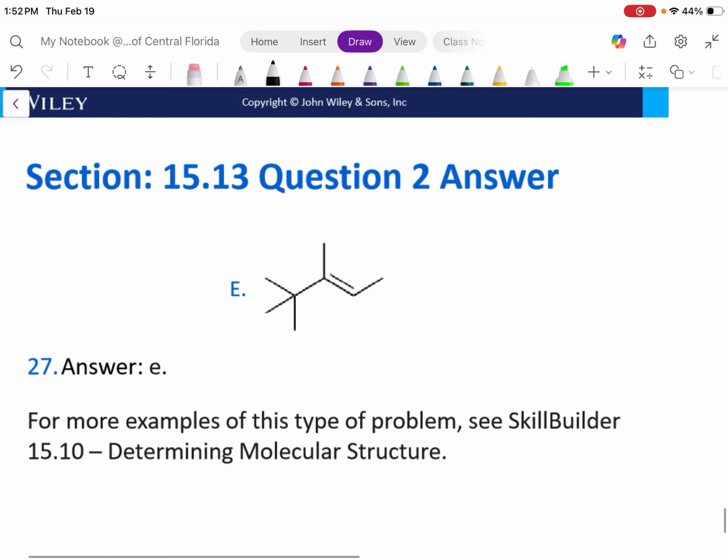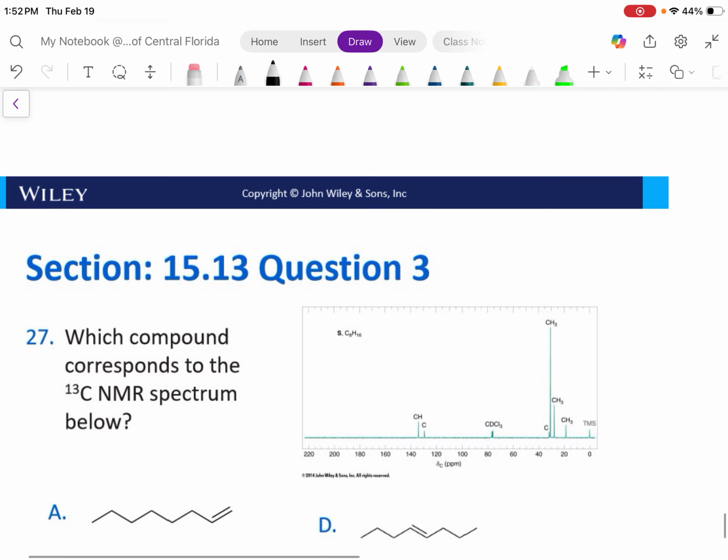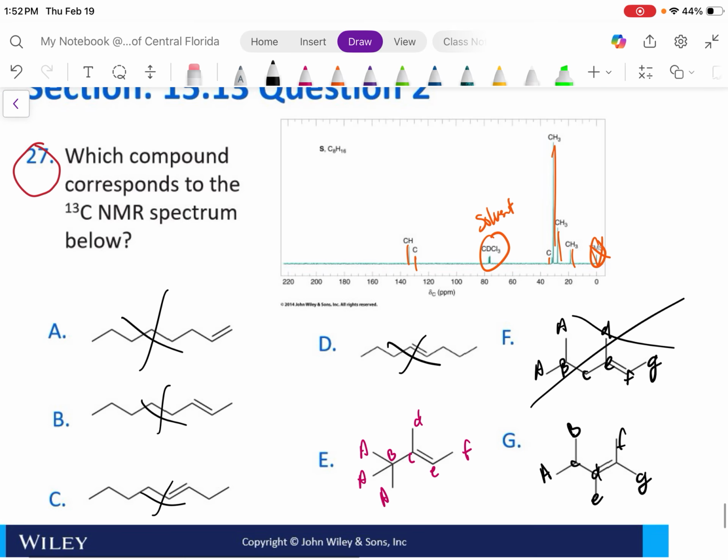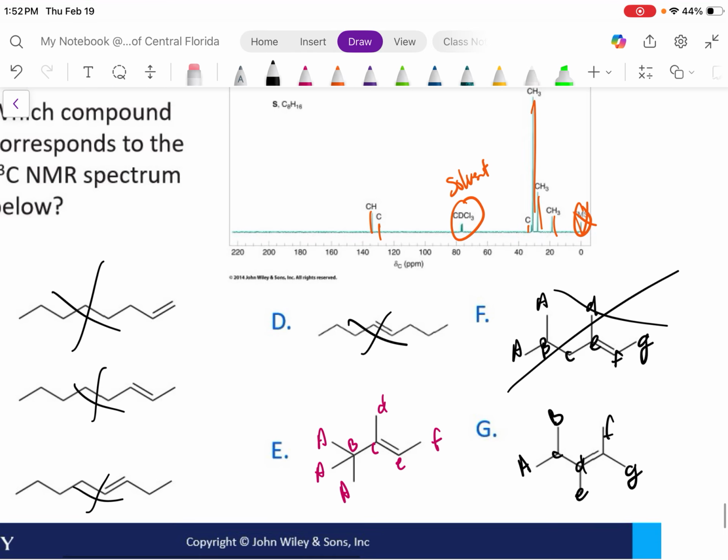Okay, let's see. I want to see one other thing here. So if you labeled these carbons, where would they be here?